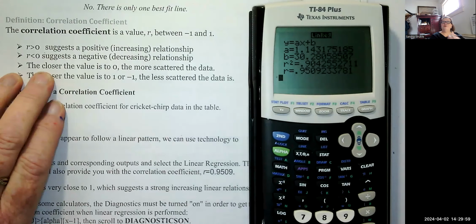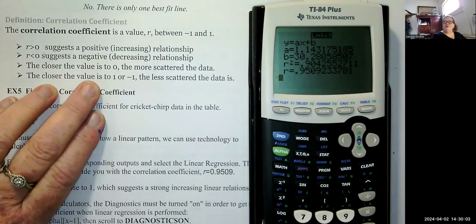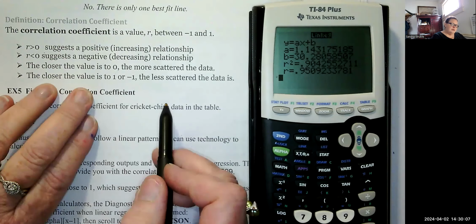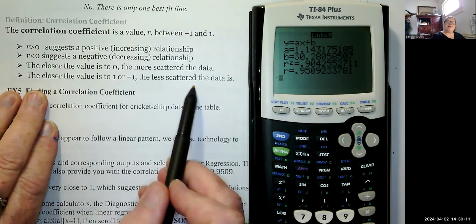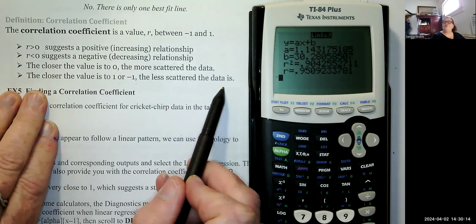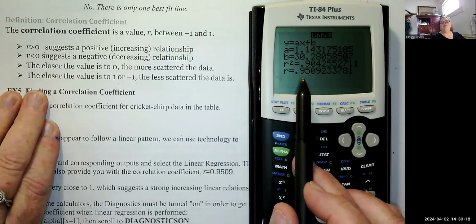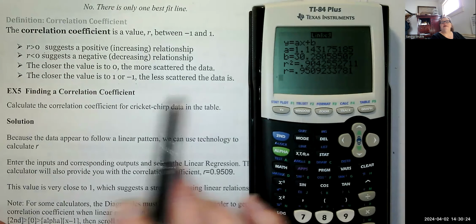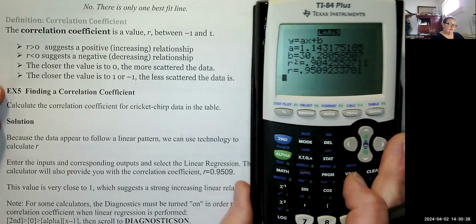The closer the value is to 1 or -1, the less scattered the data is. Ours is really close to 1, so this has a really strong positive or increasing relationship. That's all you need to know about the correlation coefficient as far as how to find it.